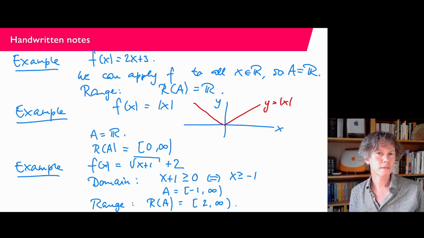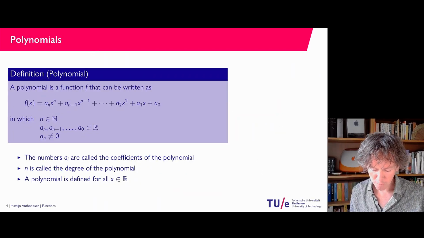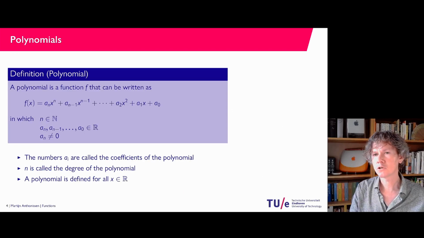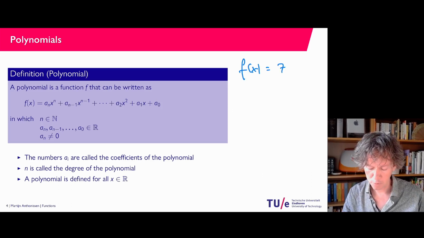Now let's look at some functions that we are going to be working with. So the simplest type of functions are the polynomials. And what are polynomials? Well, the definition is here, but first let's write a couple of them down. So if you have the function f of x equals 7, that is a polynomial.